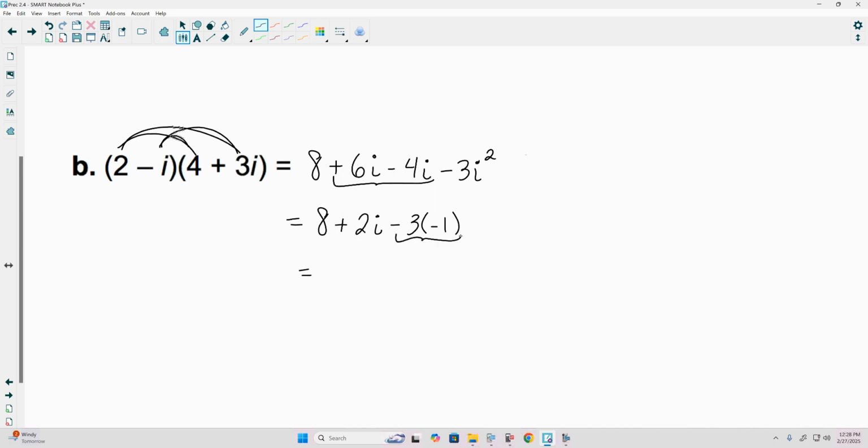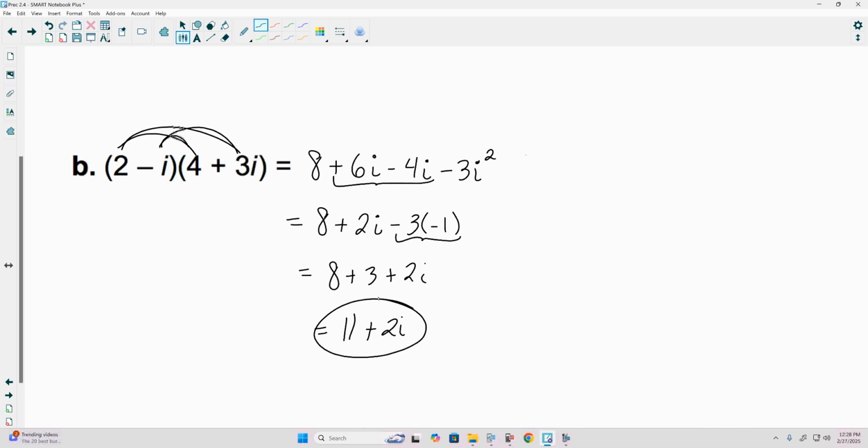Now our 3 times negative 1 would be positive 3. And 8 plus 3 is 11. So our final answer is going to be 11 plus 2i.